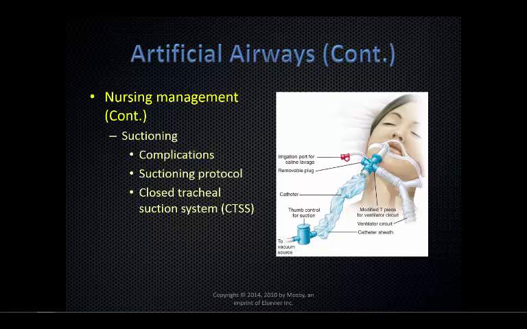Nurses are responsible for suctioning, and this is a sterile procedure. Nowadays, we use a closed suction system that allows for continuous sterility of the suctioning unit. You can see here that there's an irrigation port. We usually do not use the irrigation port.